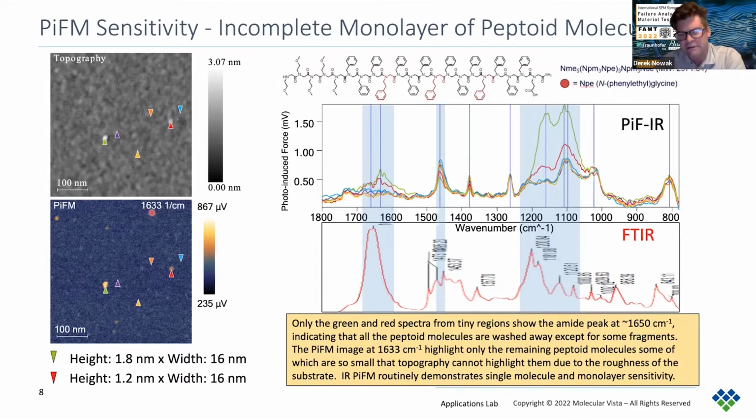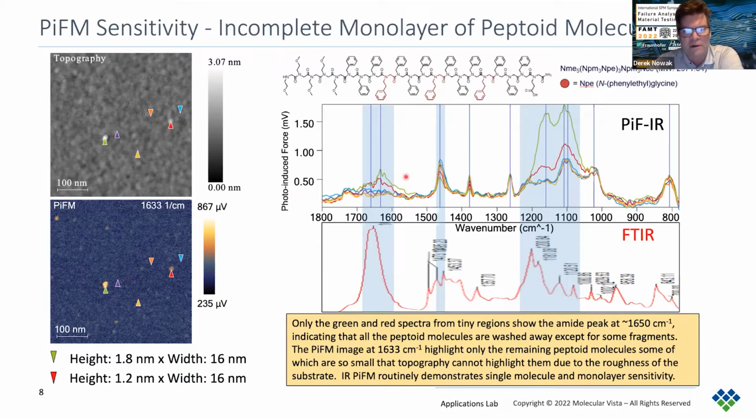What was happening in the end is they thought they were creating a monolayer, but they were washing off most of the molecules when they were processing. So at the end of the day, we were able to identify our ability to sense at this level and also help them understand where in their processes they were having difficulties.